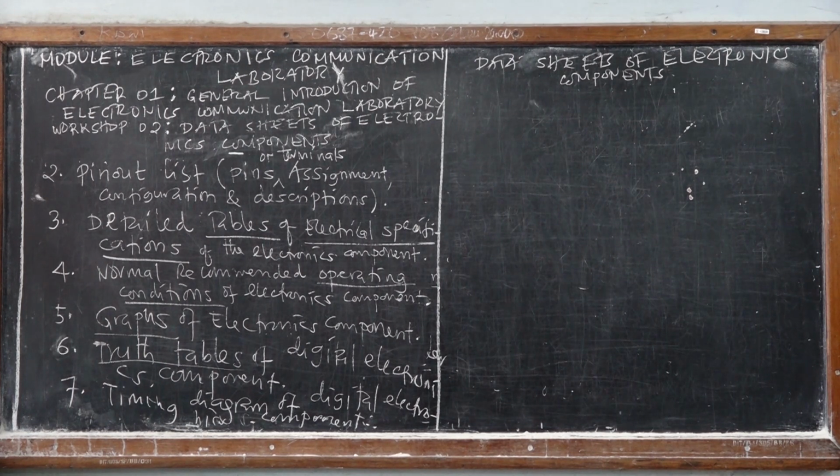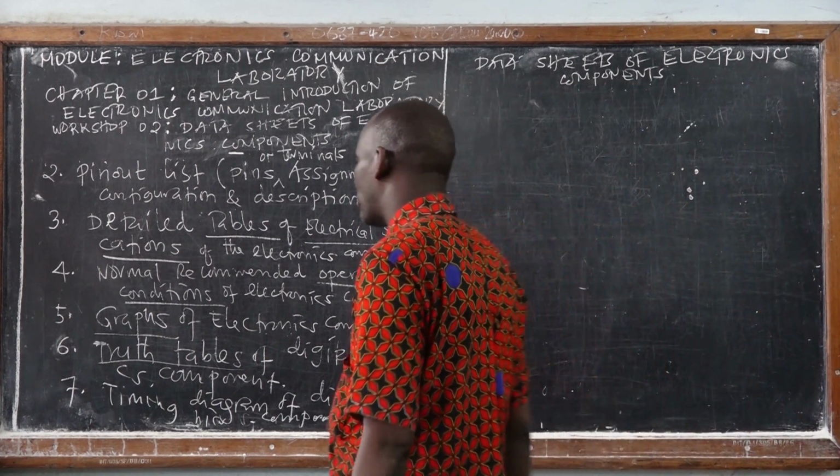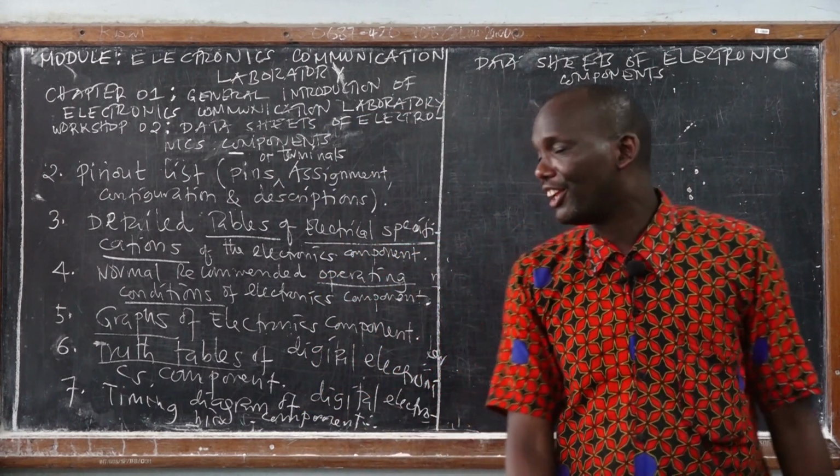Pinout listing, where we discuss pin assignment, pins or terminals description, pins or terminals configuration. Read it loudly, your voice has gone down. Detailed tables of electrical specifications of electronics component. The next main part.